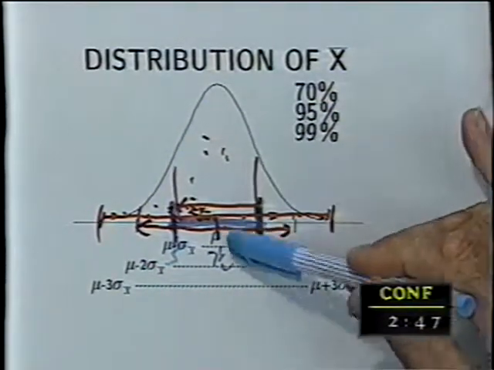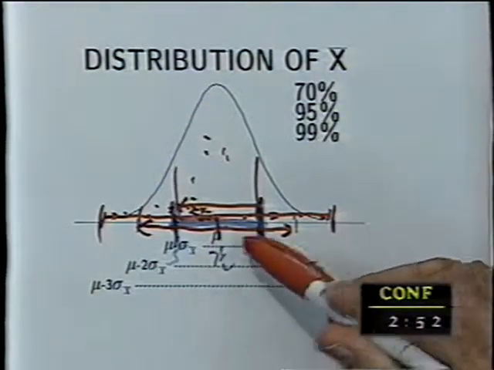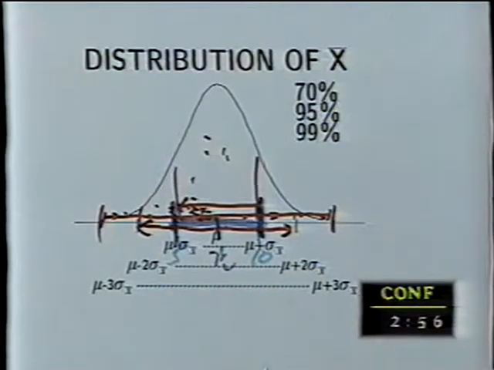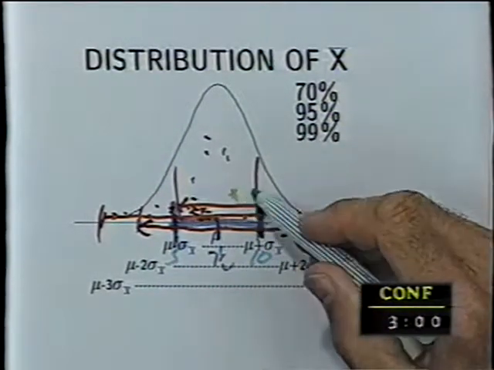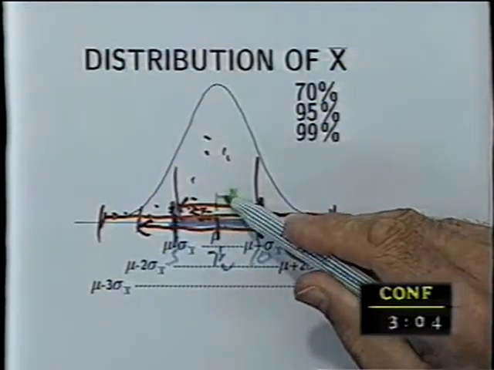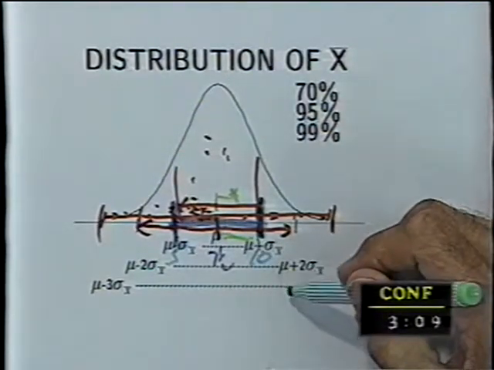It means that they will be within one standard deviation from the mean, from the true mean. When someone comes in with an observation, here's their observation. They come on here. There's a 70% chance that they're in this interval. Let's put them here. They are within one standard deviation of the mean.